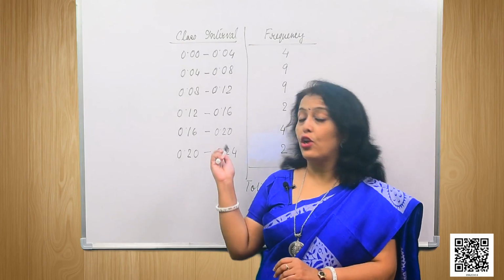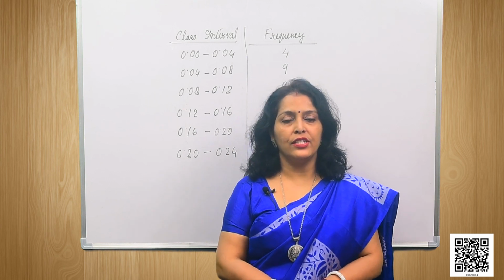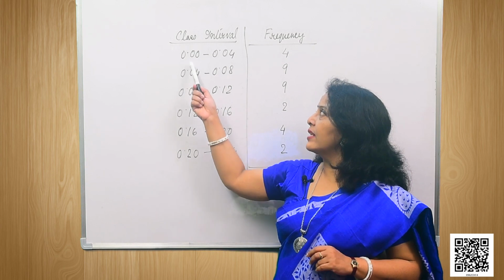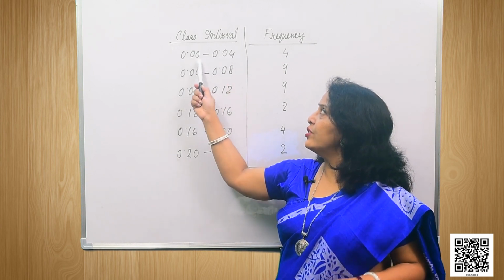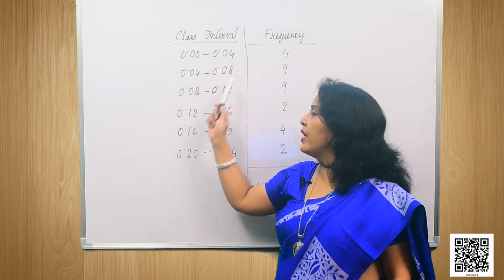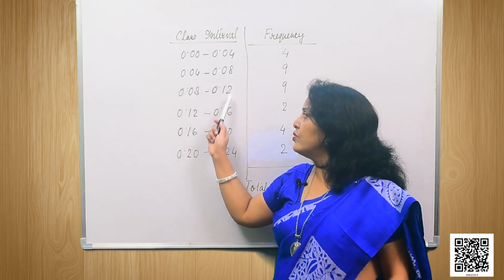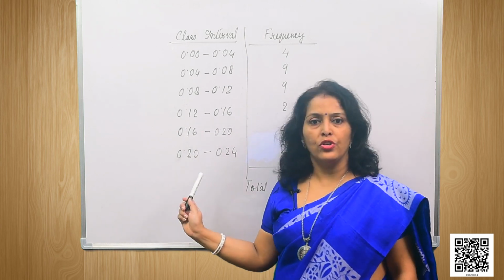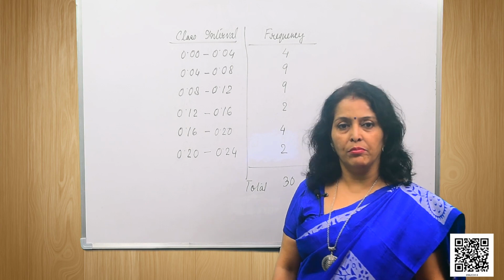So this is your grouped frequency distribution table. As per the question I have made the class interval as 0.00 to 0.04, 0.04 to 0.08 and so on, up to 0.16 to 0.20, 0.20 to 0.24, so that we can include all the numbers.